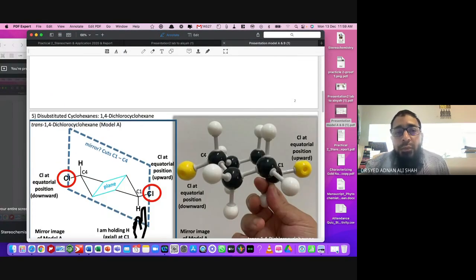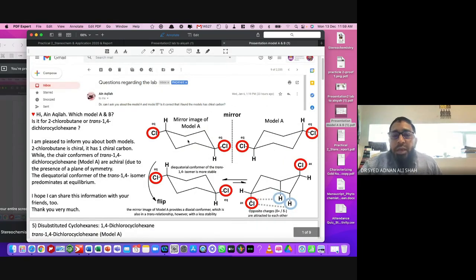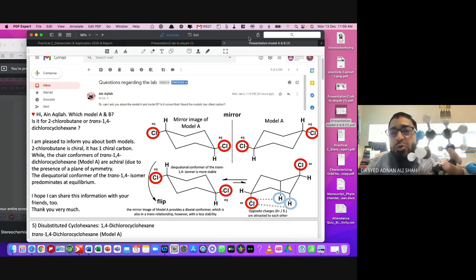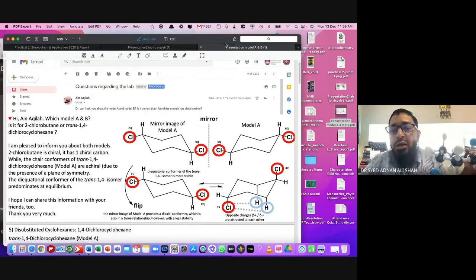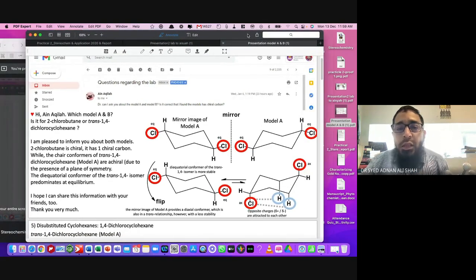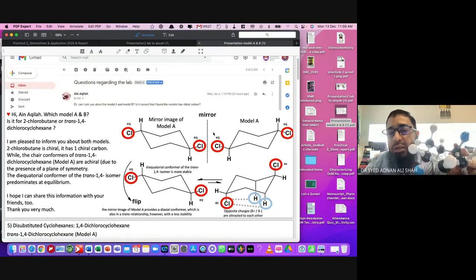You can see the mirror images. The model is constructed like this, and your answer is in the form like this. You have the mirror image, just like this, right?